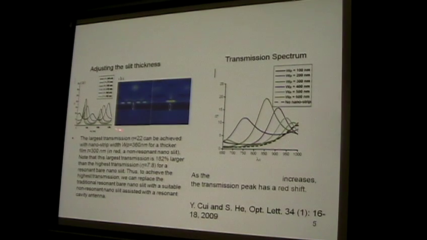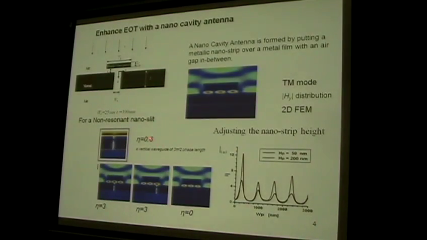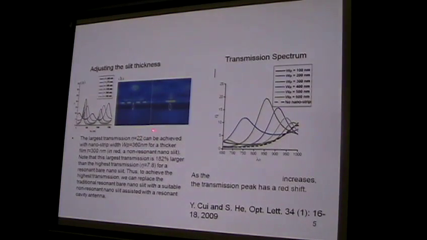In this case, it can go to 22. Let's see, the previous case is 0.6. So this is like a 40 times enhancement compared to without the nano layers.